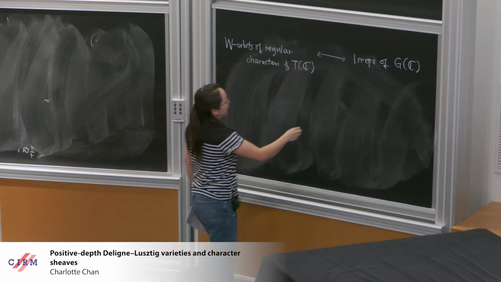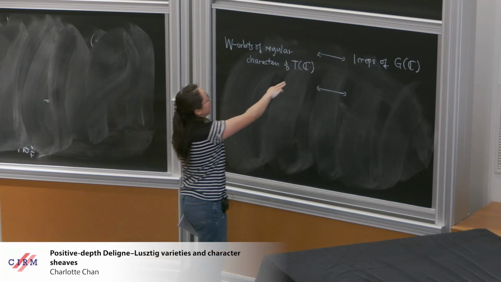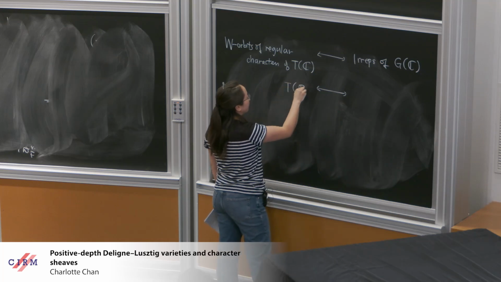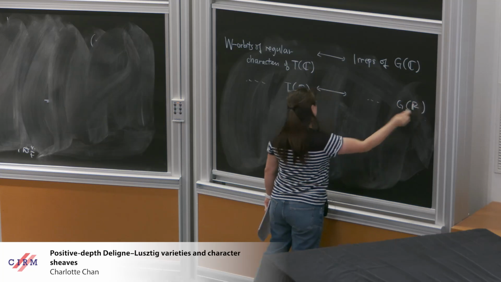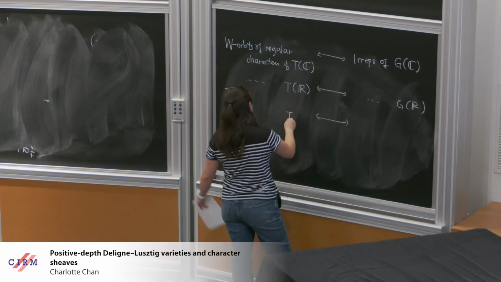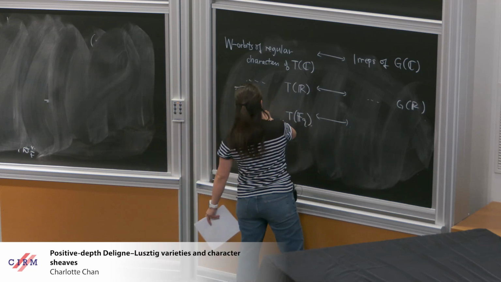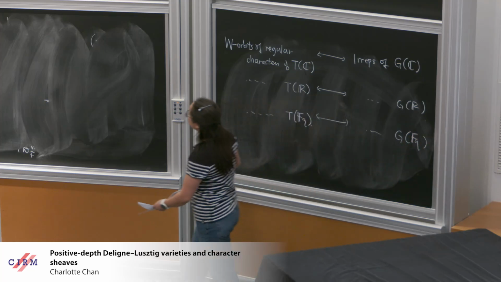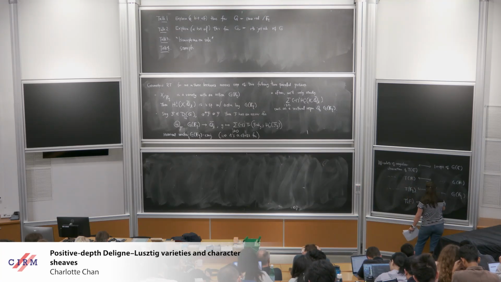And you could ask, okay, well, can you do this same thing where you replace C with other things? Maybe you want to replace it with R. Or maybe you want to replace it with our context. Or maybe you want to replace it with the context we started with before I erased, which is the setting of p-adic groups.